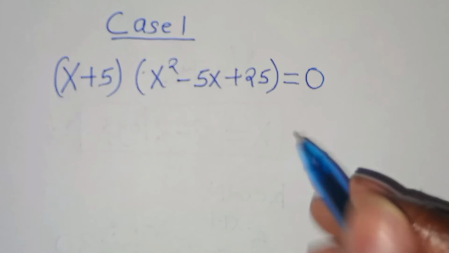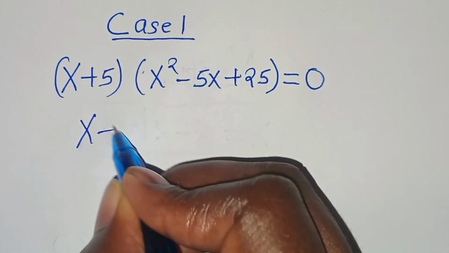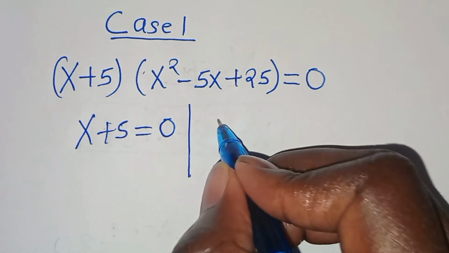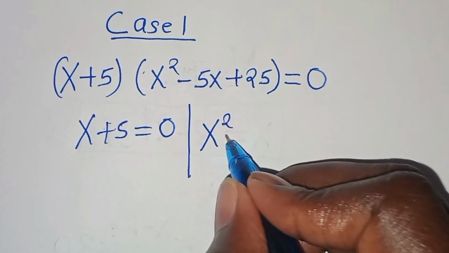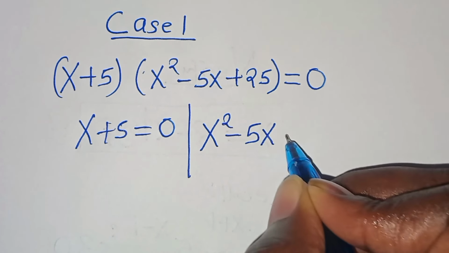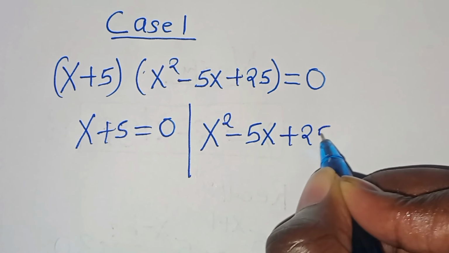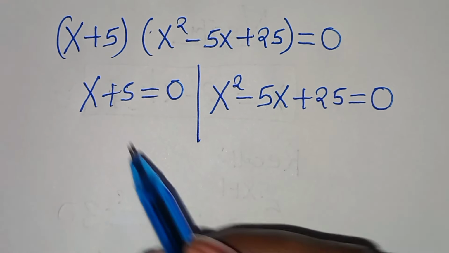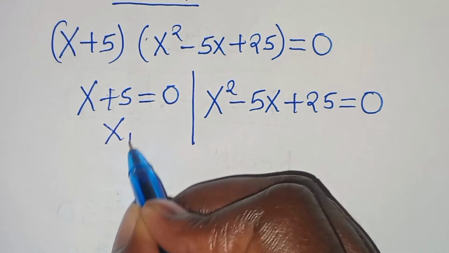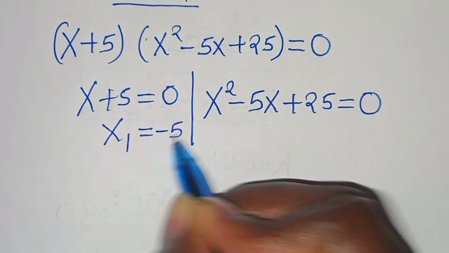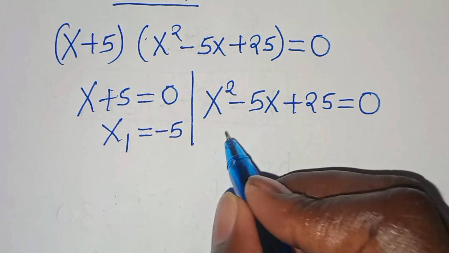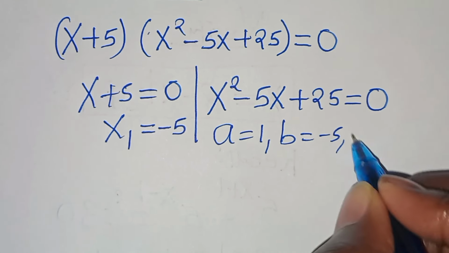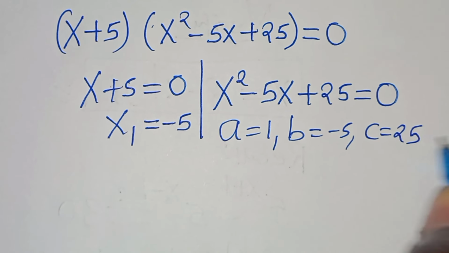Now, in this case, we have two cases here. We have x plus 5 equal to 0, and we have x to the power of 2 minus 5x plus 25 equal to 0. So from the first part, we have x1 equal to minus 5. And this is a quadratic equation where a is equal to 1, b is equal to minus 5, and c is equal to 25.